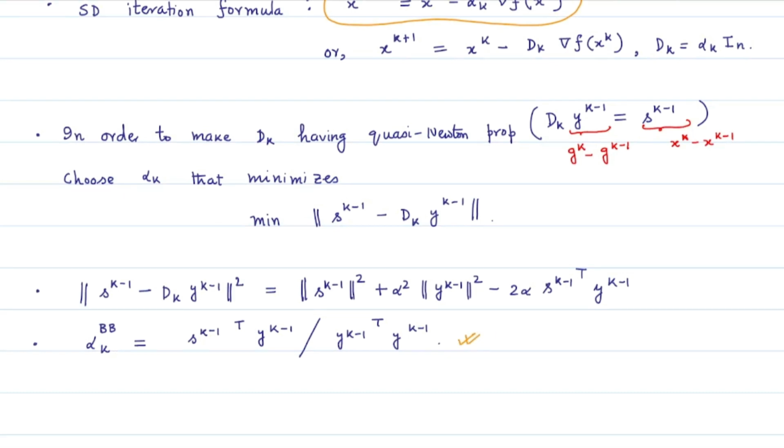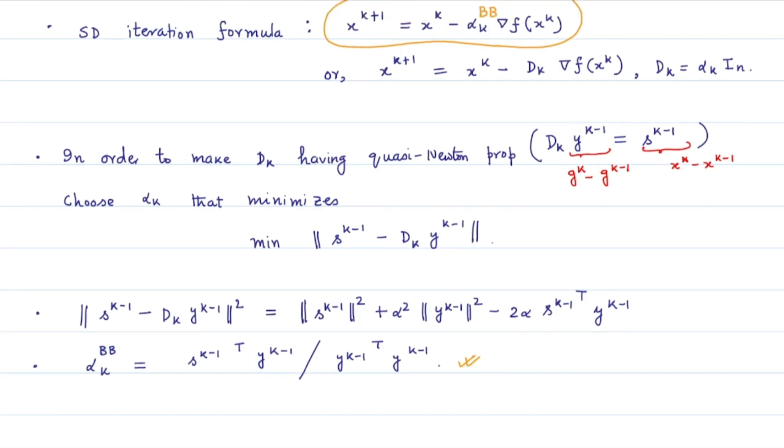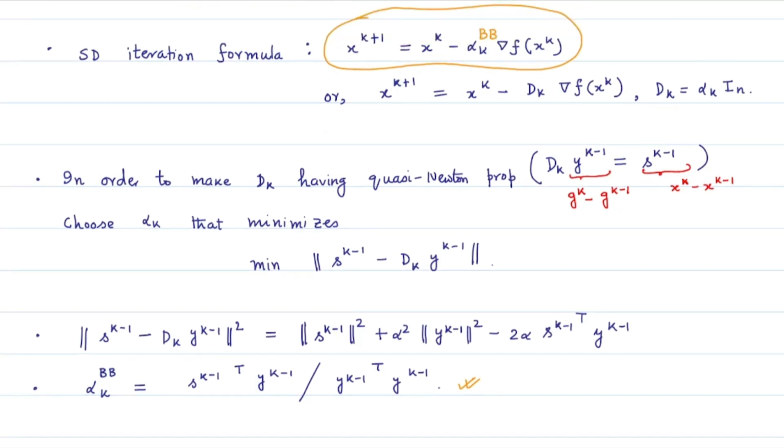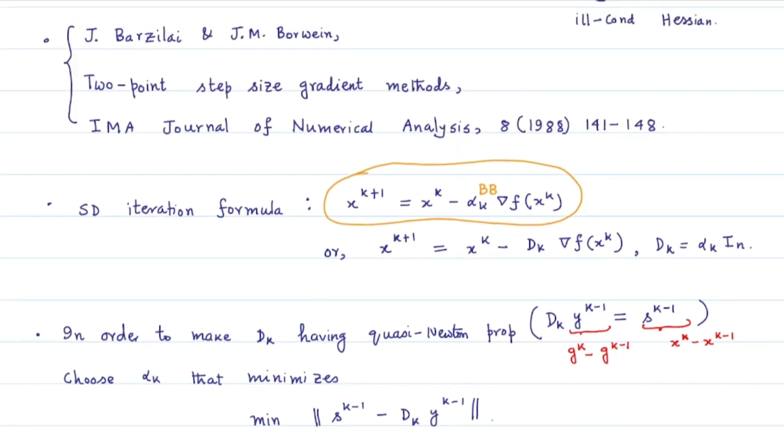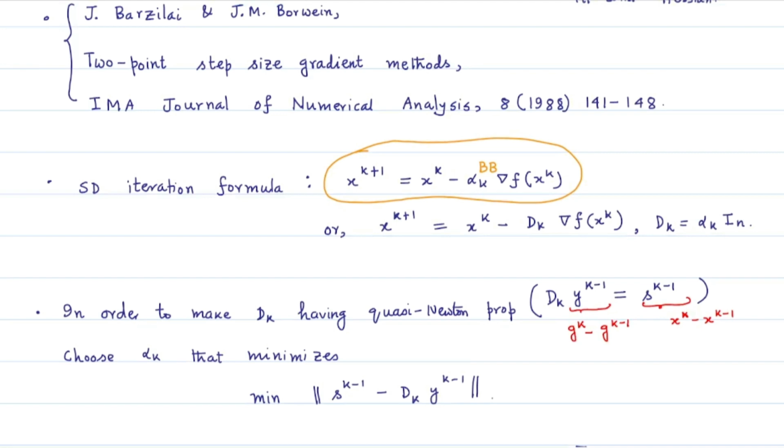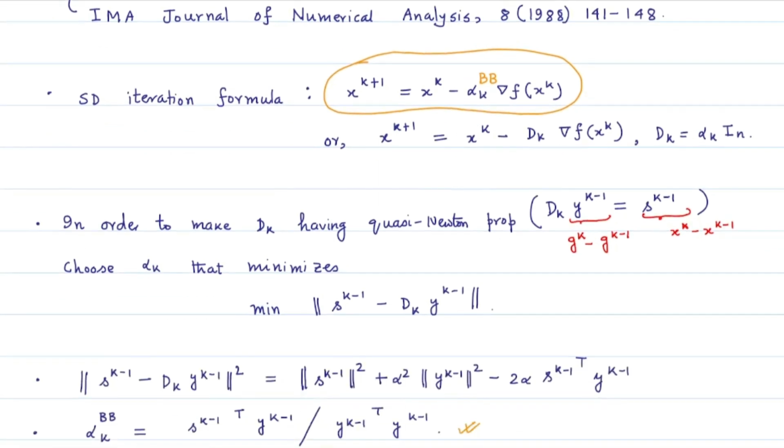And this Barzilai-Borwein iteration is a gradient method because it uses only the gradient, not the Hessian, but it requires lesser computational work than the steepest descent method and greatly speeds up its convergence. In their paper, Barzilai and Borwein have proved that the Barzilai-Borwein iteration formula is R-superlinearly convergent for the quadratic case.